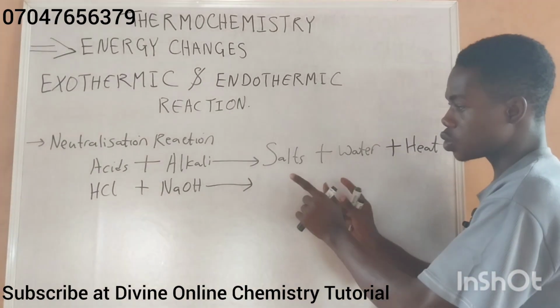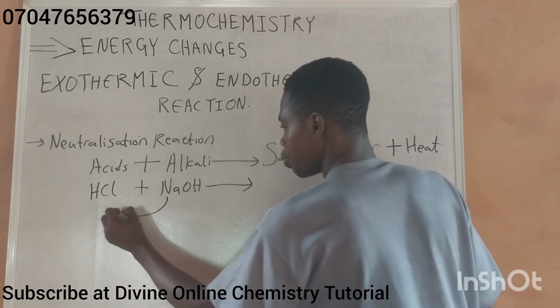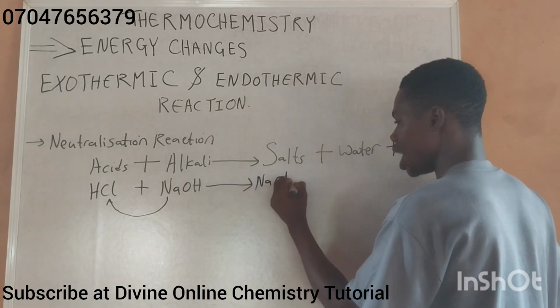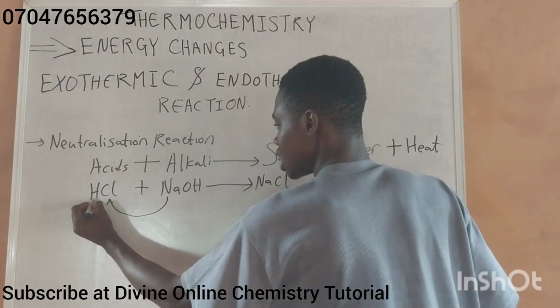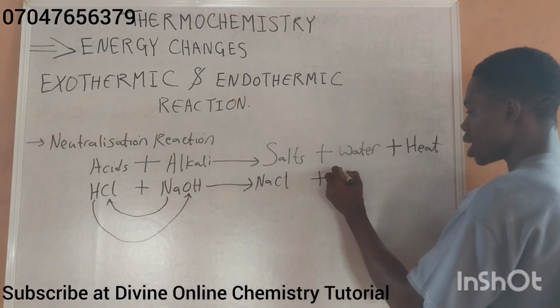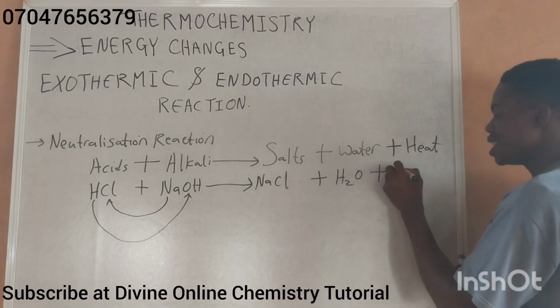If you write this very well, this sodium bonds with this chlorine to form NaCl, which happens to be the salt, plus, this hydrogen bonds with this hydroxide to get water, H2O, plus heat.